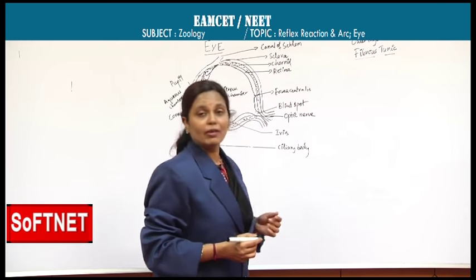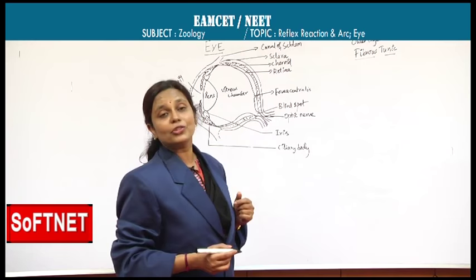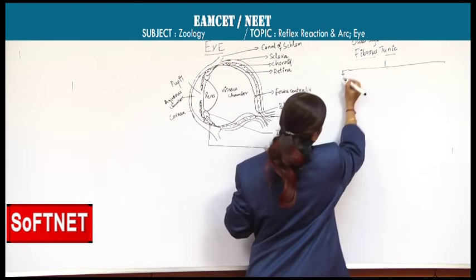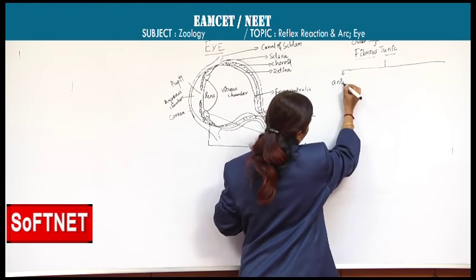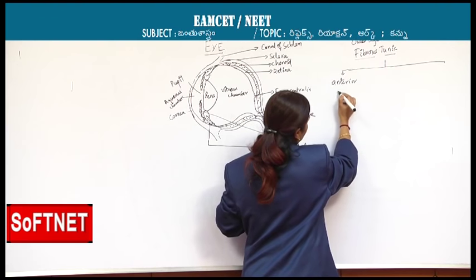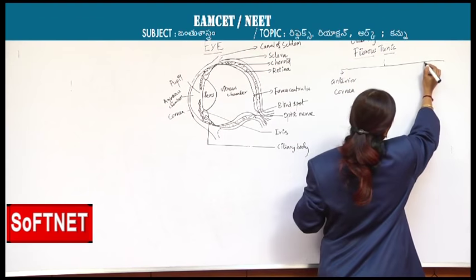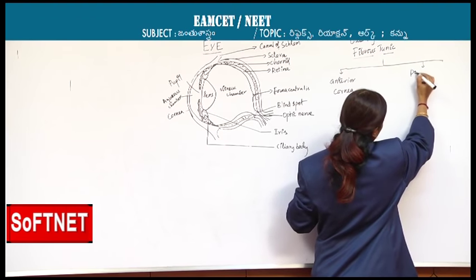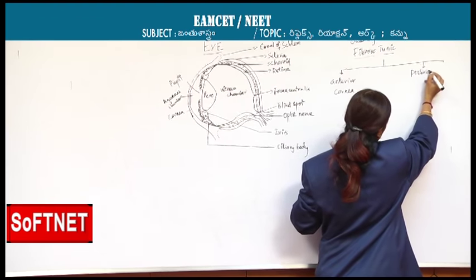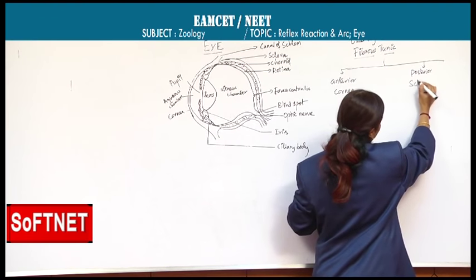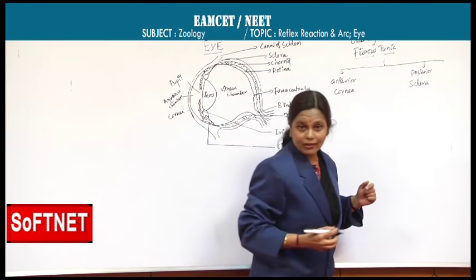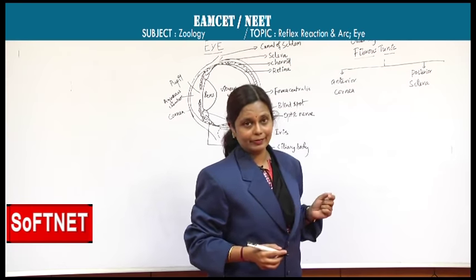This outer layer, fibrous tunic, has 2 parts. Anterior cornea and posterior sclera, otherwise called the white of the eye.